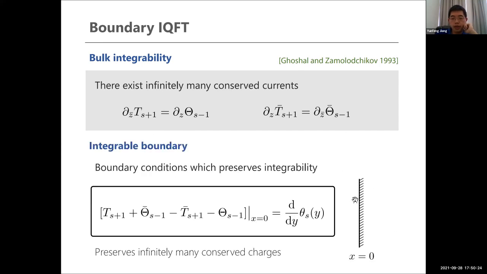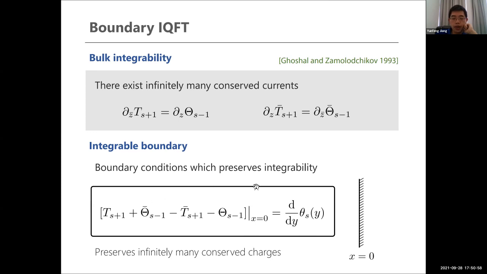Now we put a boundary. So suppose that x equals 0. Suppose this combination, if I evaluate this combination with this current at the boundary where x equals 0, can be written as the derivative of a certain function, which is the boundary potential, for infinitely many s, then we call this kind of boundary condition an integrable boundary.